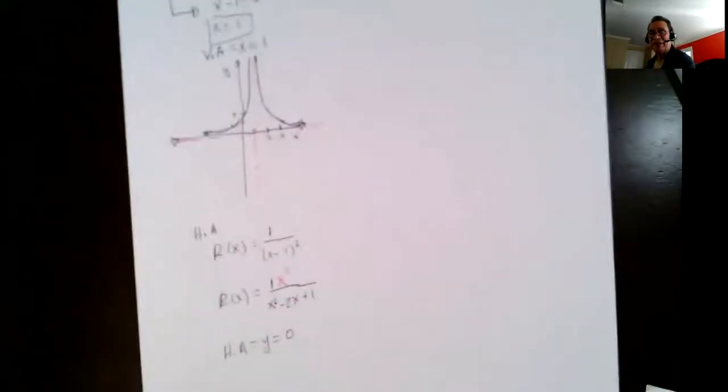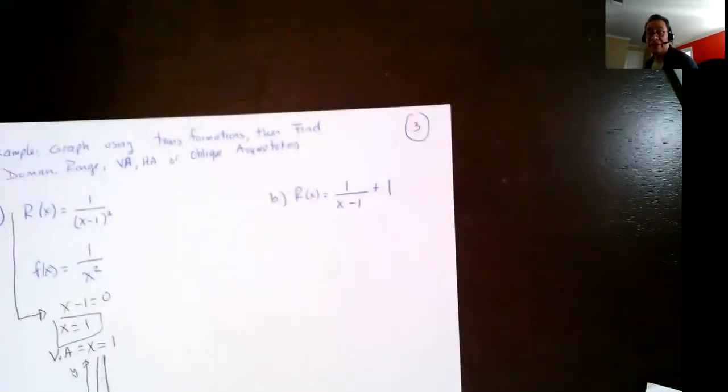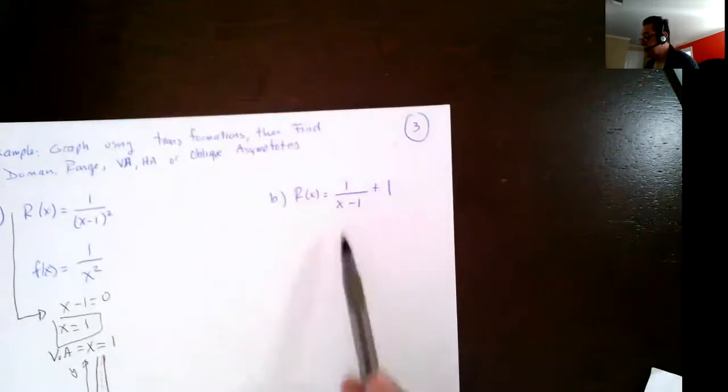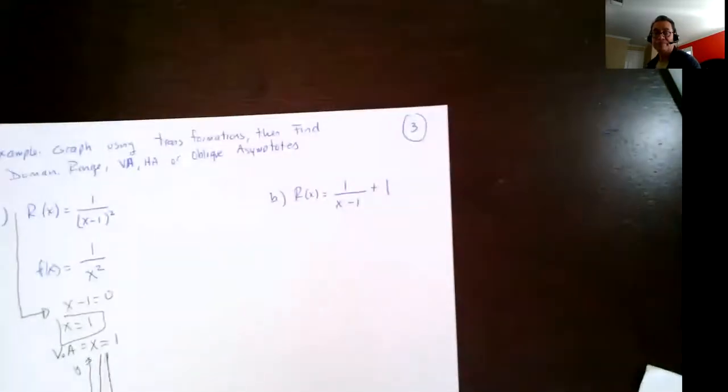Okay. So we're not going to do B, but I want you to try B, but it's very easy. Notice here, B, the basic function will be the reciprocal function, 1 over x. Okay. Notice it is shifted to the right 1 and 1 unit up. Okay. So you guys can try that one.